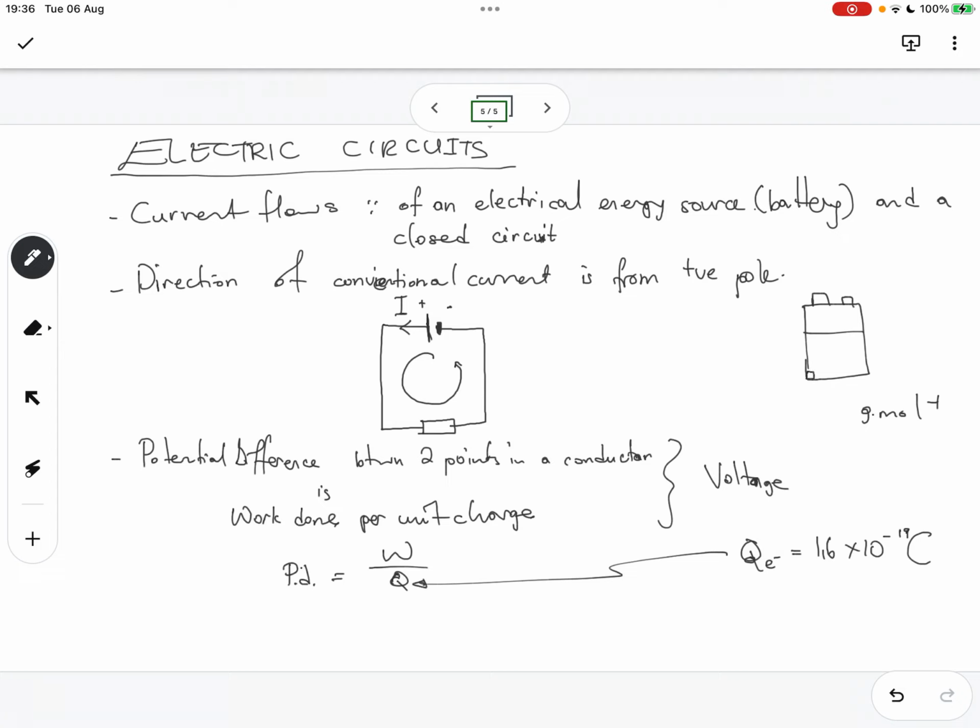Then 1 gram of whatever it is that makes your battery run has 6.2 times 10 to the 24 particles in it. Yes, I'm just making an estimate to paint a picture. I could be incorrect with the numbers, but I can see where you're going. The point is, you get so many atoms, each one having an electron that can move in the battery.